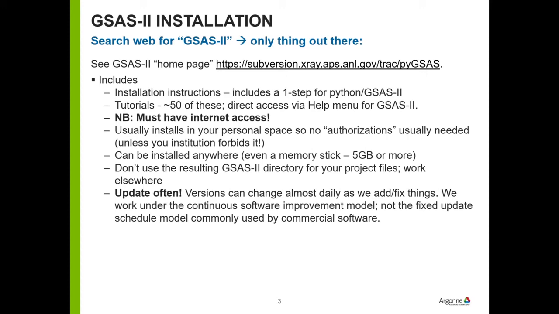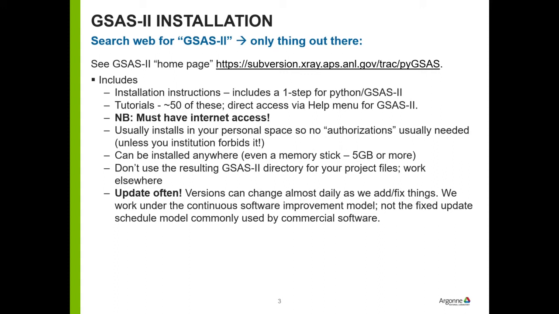A key point is that we use what we call the continuous software development mode. In other words, we're updating it almost every day. If you get commercial packages like Word or things like that, the updates happen every month or a couple of months. We don't operate under those kind of conditions.